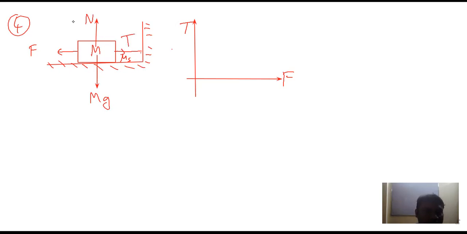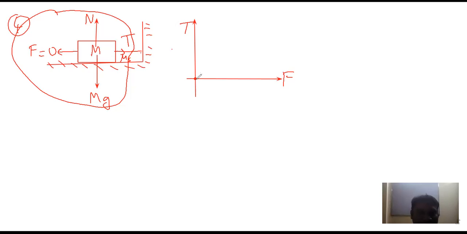So these are the forces acting on this block. So in this case, what will happen? Initially, force applied is 0. So when force applied is 0, tension force will also be 0.